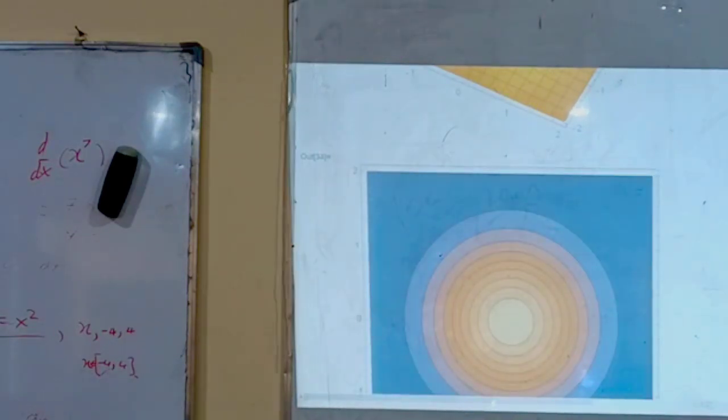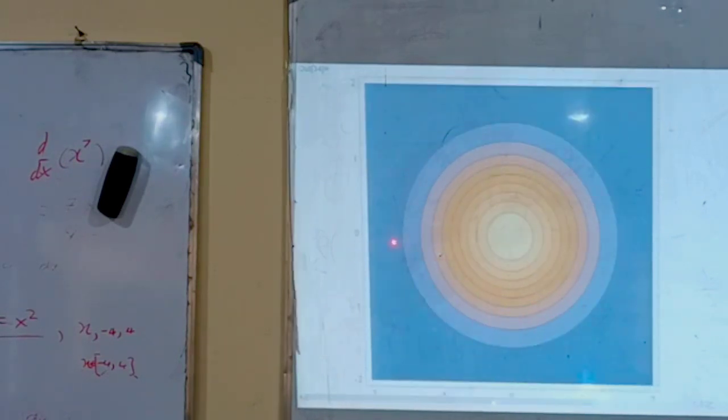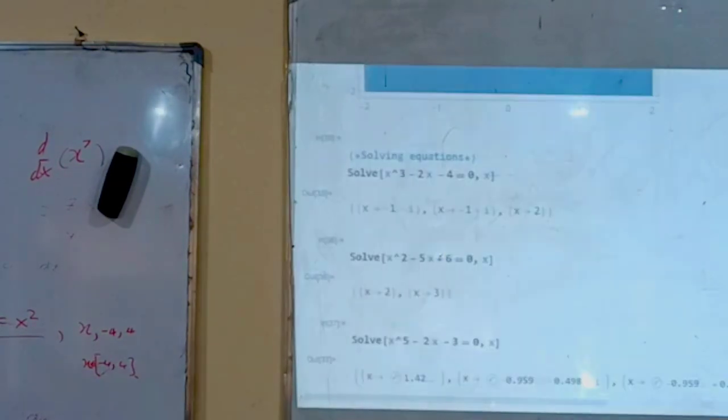You see, this is the contour. If I had started with 0, it wouldn't be a complete circle. It will give us a half. So these are things we can all do with our Mathematica.